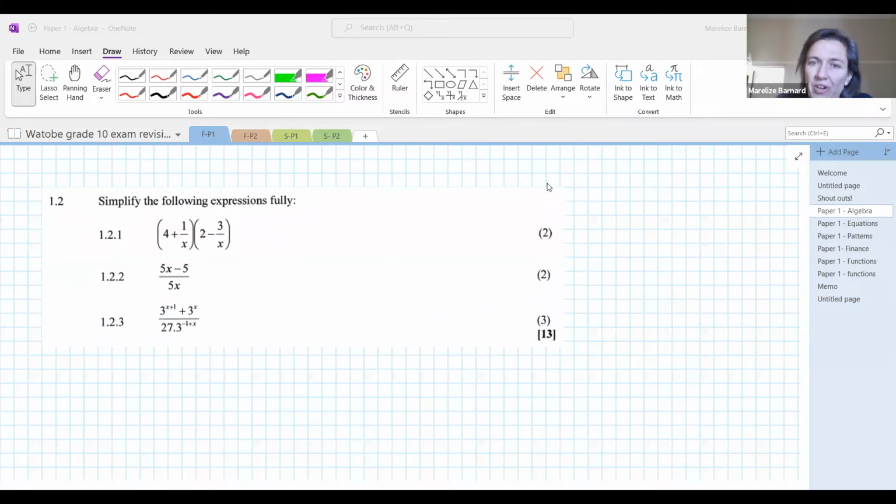We're now going to go to the fractions and let's see what we've got here. Simplify the following expressions. So to simplify means we have to multiply out, but in general, when we do this, we are making things simpler.